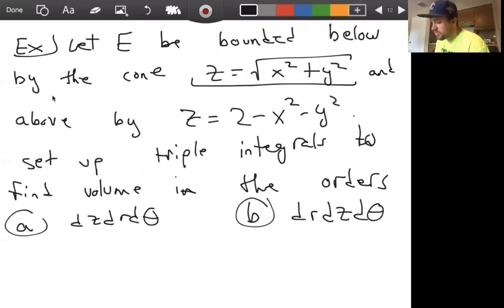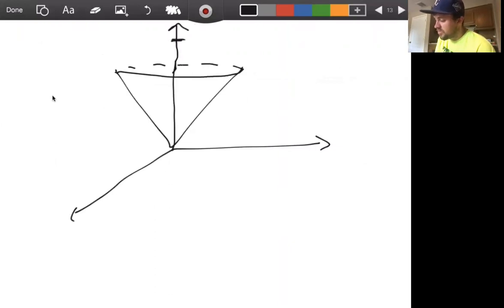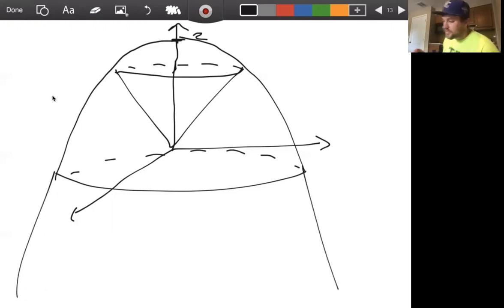What's bounding us above is the paraboloid z equals 2 minus x squared minus y squared. And so you come up to 2 here, and we have some paraboloid. It's going down like this, right? It's not a sphere. It kind of looks like it, what I'm drawing here, but it's not. It's a paraboloid. It goes down infinitely like this.